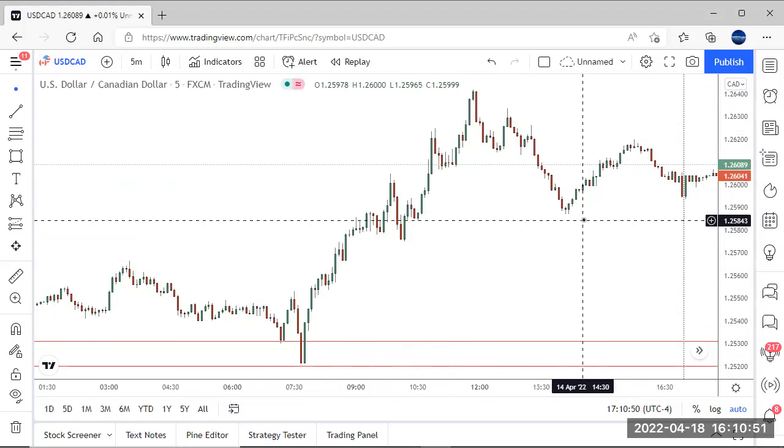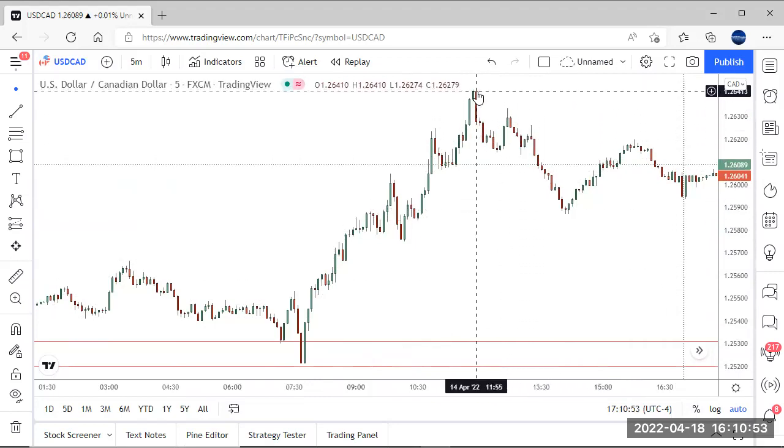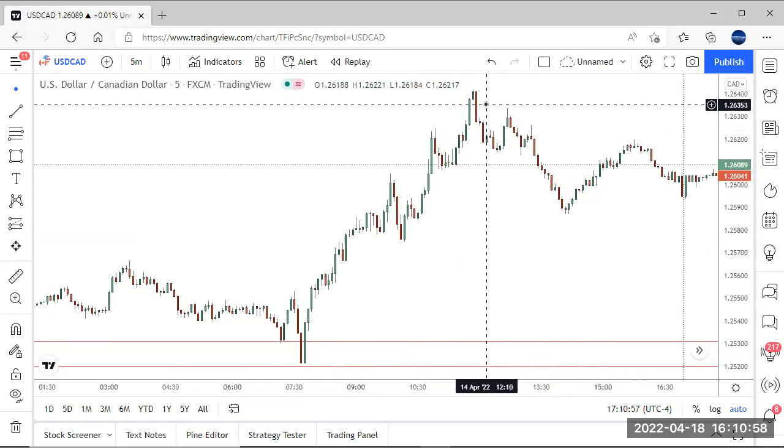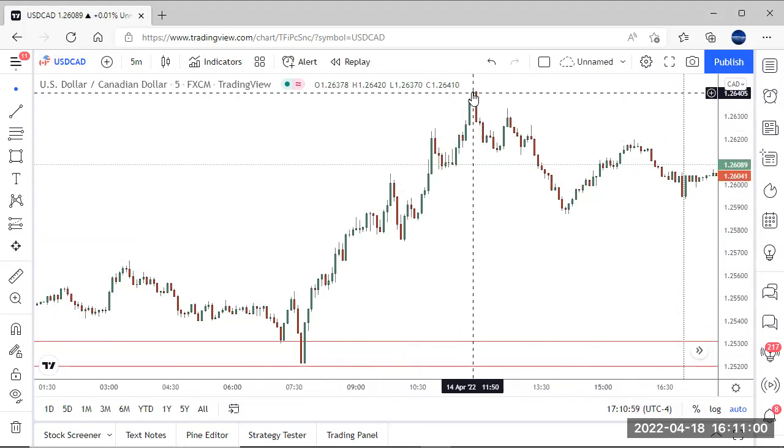That's why ICT teaches us that the daily highs typically form inside of these time zones, that time of day. And you see it right here. It's true. If you don't exit by 11, right here is 11:50 a.m., the very high of the day.